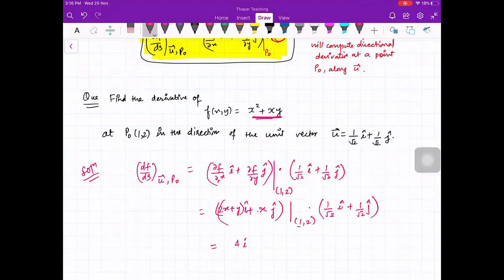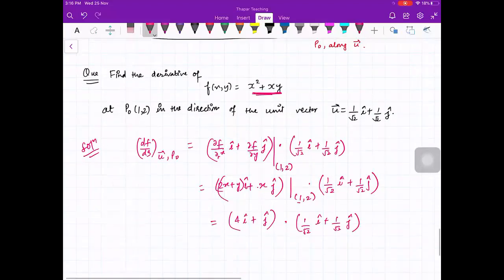So this is 4 i plus j, dot product with (1/√2) i plus (1/√2) j. So this is equal to 4/√2 plus 1/√2, which is 5/√2. So this is your answer. This is the directional derivative.